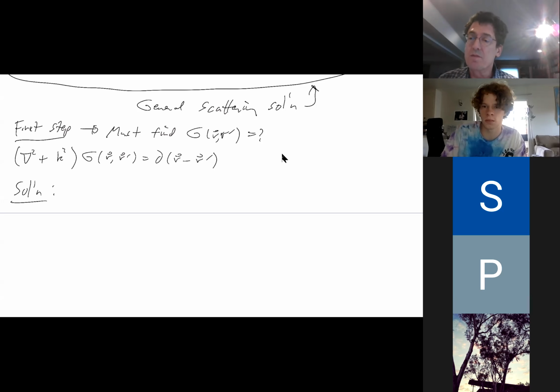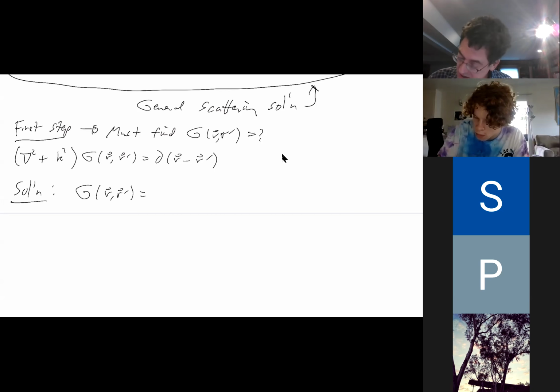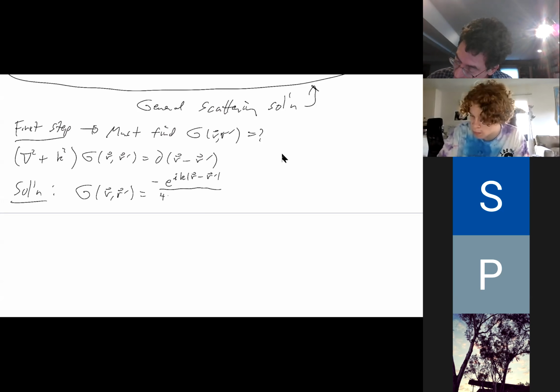I know that some of you know how to do that, but some of you have not taken complex analysis. So I don't want to get all caught up in that, but let's just write what the solution is. If you solve that equation, it looks like this: negative e to the i k times r minus r prime. The solution is quite beautiful. I like writing down the solution because it's a very intuitive solution.